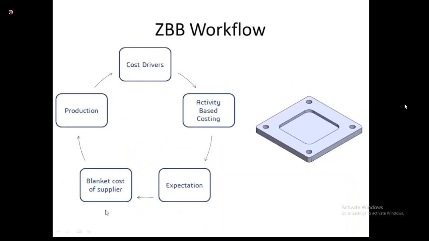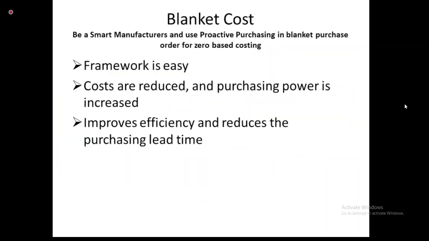Okay, the next is the blanket cost of the supplier, which is one of the most important things in zero-based costing. Now, what is meant by blanket cost of the supplier? Let us understand this. As we know, due to COVID-19, there has been rising material prices and inflation in the cost price at every level for the procurement of the material.